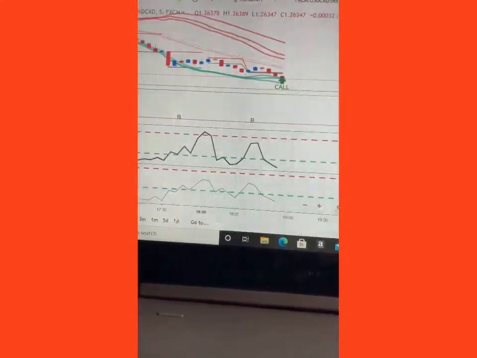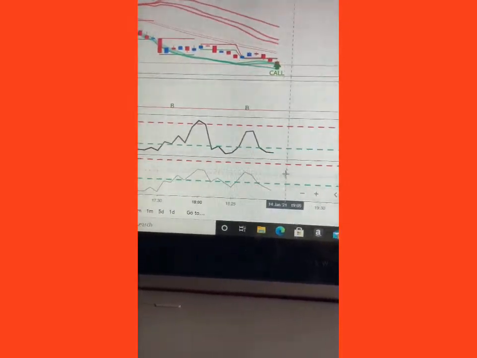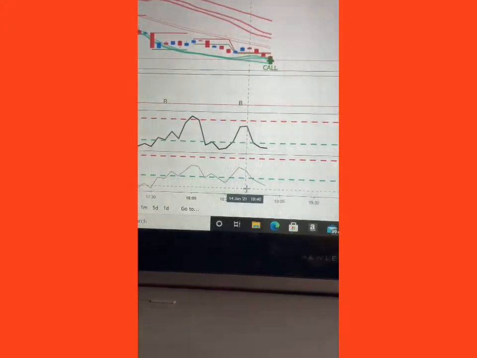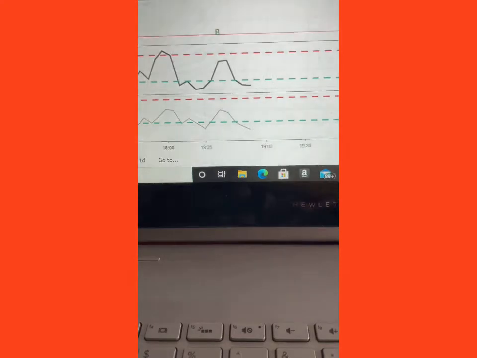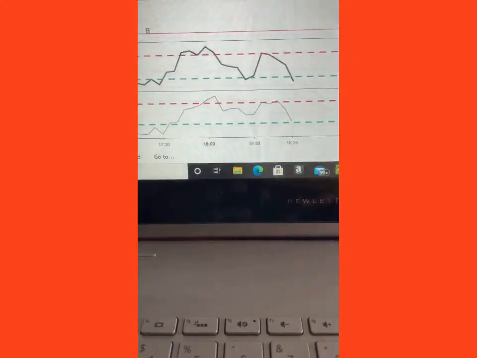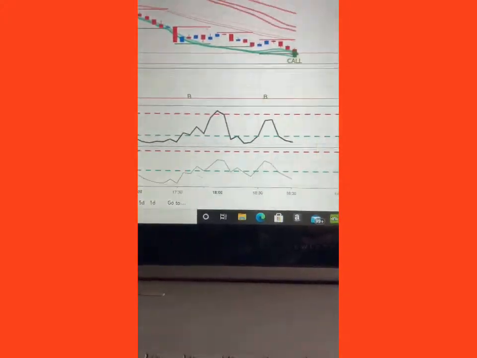Let me move this over so y'all can see it. We want this black line for our RSI and our stoch to go up. USD CAD, Hourglass, right?